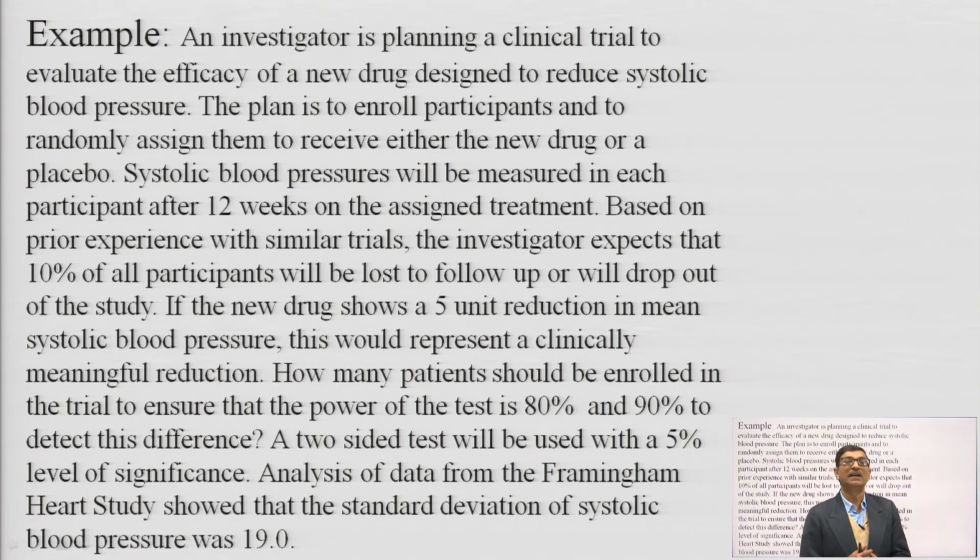How many patients should be enrolled in this trial to ensure the power of the test is 80% and 90% to detect this difference? A two-sided test will be used with a 5% level of significance. Analysis of data from the Framingham Heart study showed the standard deviation of the systolic blood pressure was 19.0.